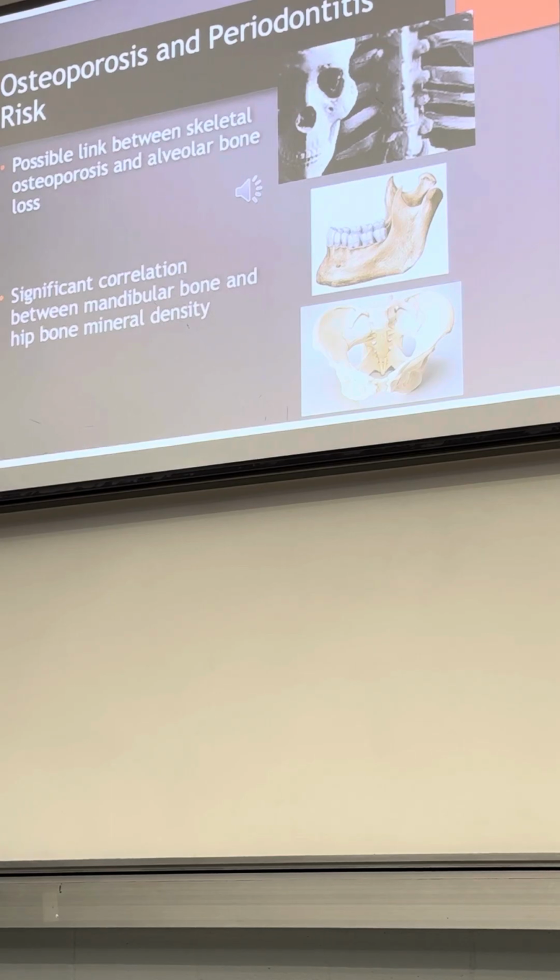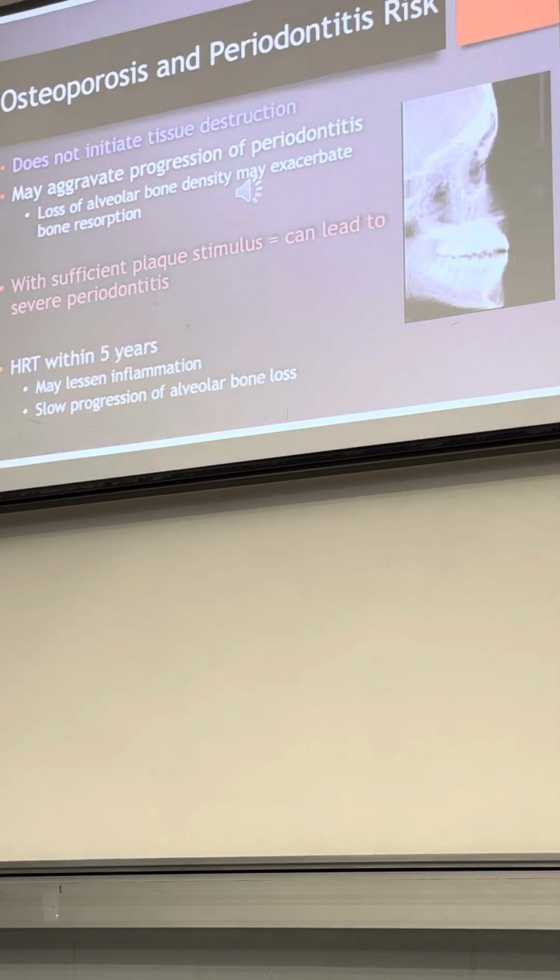Osteoporosis and periodontitis risk. There's a possible link between skeletal osteoporosis and alveolar bone loss, interestingly. There's a significant correlation between mandibular bone and hip bone mineral density. It does not initiate tissue destruction.